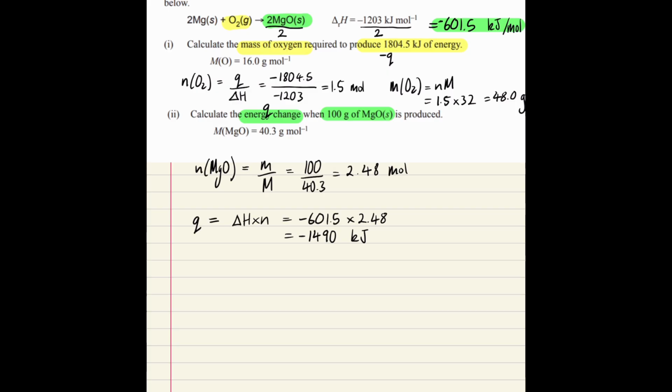So 100 grams of magnesium oxide produces or releases 1490 kilojoules of heat. Okay, that's another way of putting it. But you either do the negative sign or you say that it produced. Okay, if you do both, you're kind of canceling those out. Alright, so that's just an example.